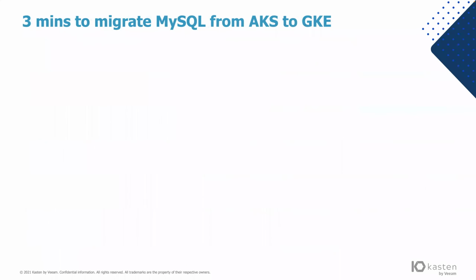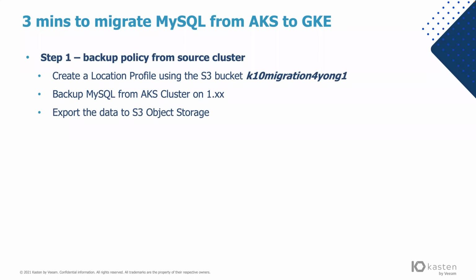So before I move to the next topic, just to highlight today's lab, we're not going to see migration from one cloud to the other, but I want to highlight the steps. It's so simple. From a source cluster, you configure the backup policy, you export to the object storage.